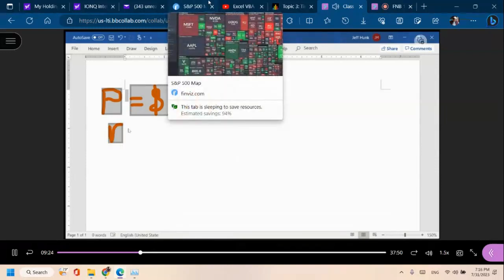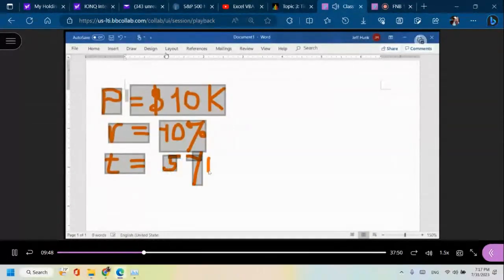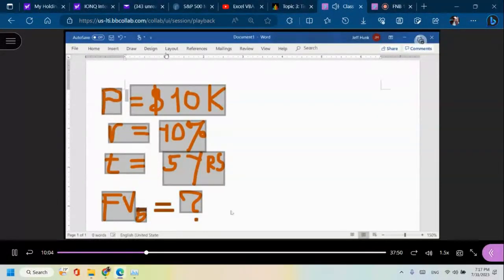And the interest rate, let's call this R, which is 10%. And then time, let's say 5 years. Our question is, what's the future value in year 5?